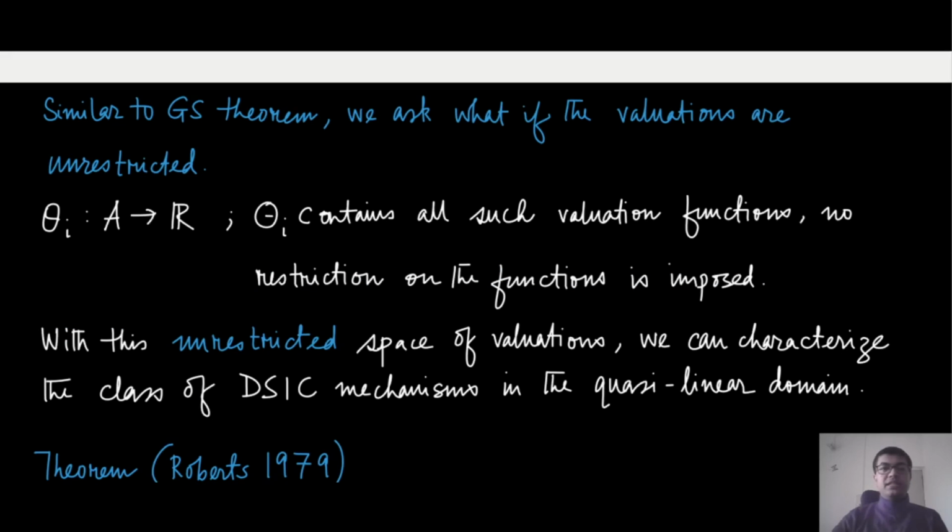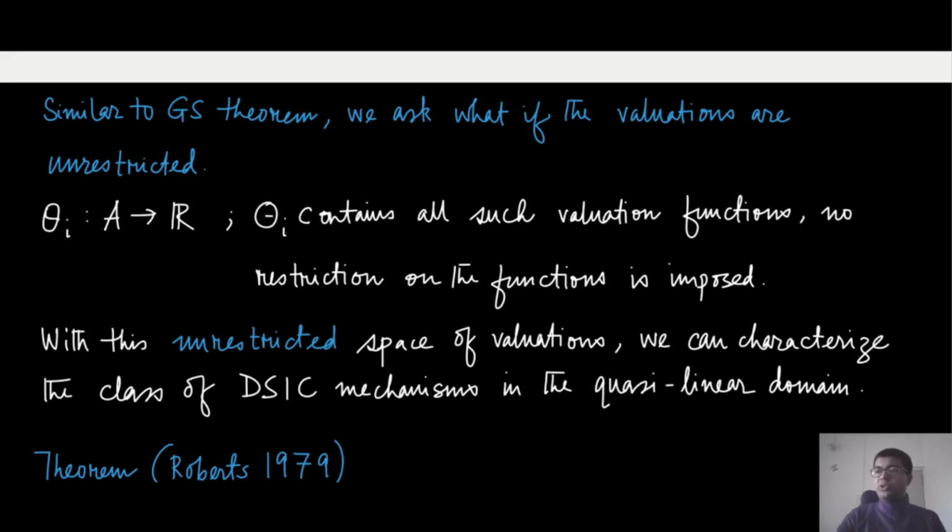Now, as we said, we are going to state a theorem which is a characterization theorem like the Gibbard-Satterthwaite. So we are going to consider the class of valuations which is unrestricted, and this is quite similar to the requirements of the GS theorem, which also says that you have all possible preferences over those m alternatives feasible in your type.